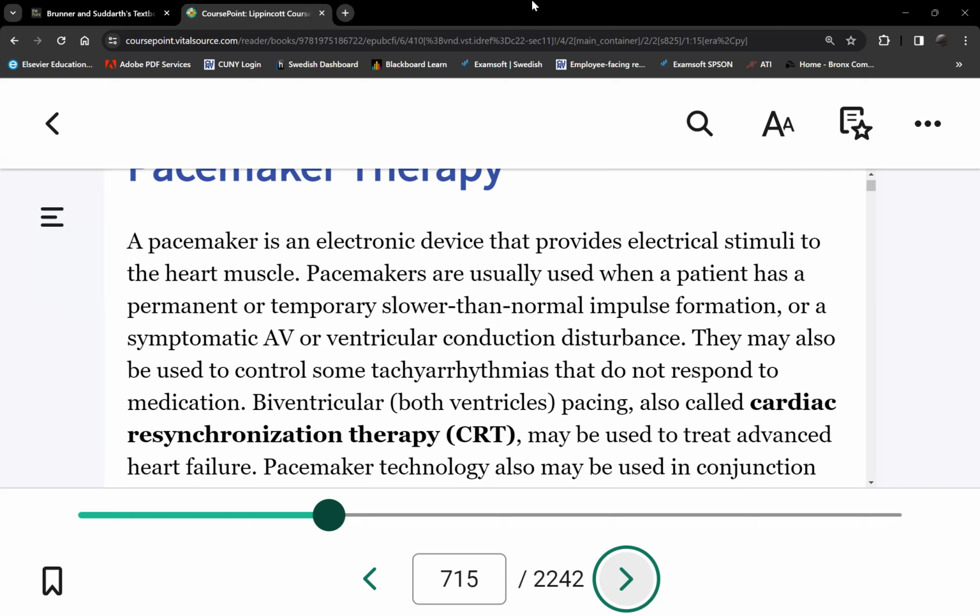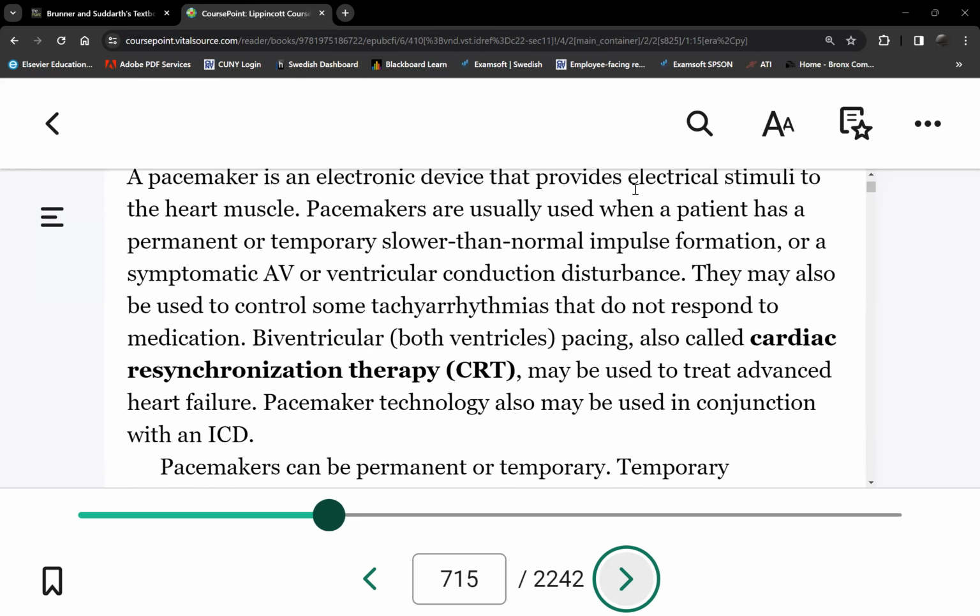Pacemaker is... Okay, thank you. All right.